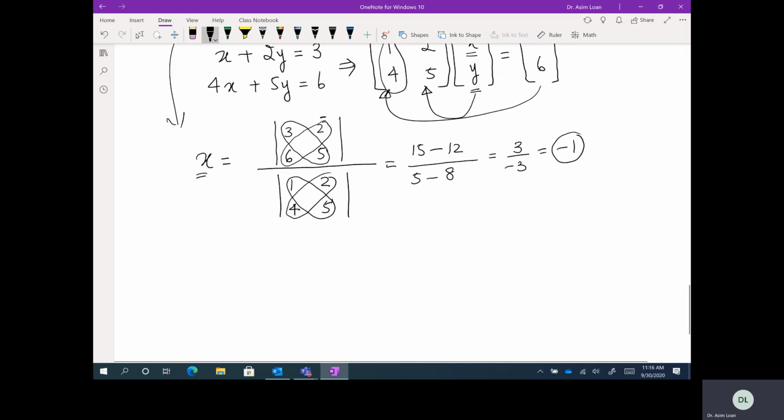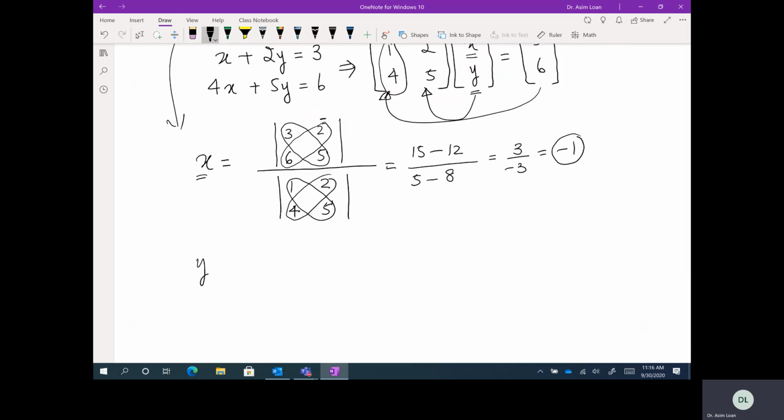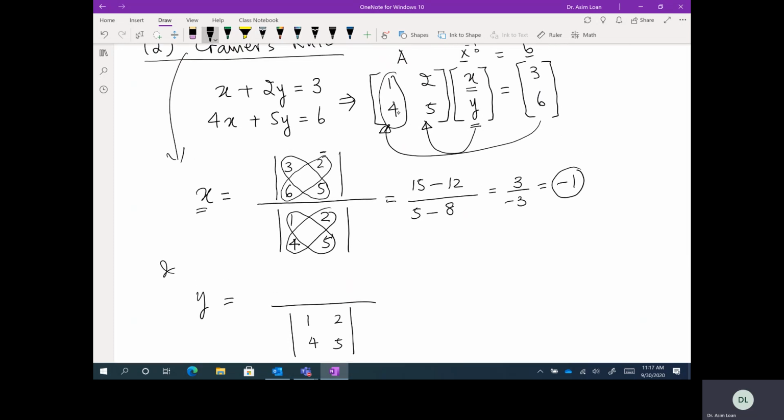And for y, the denominator is the same: 1, 4, 2, 5. Since y is the second variable, instead of the first column, replace the second column by b. So we'll have 1, 4, and 3 and 6 over here.